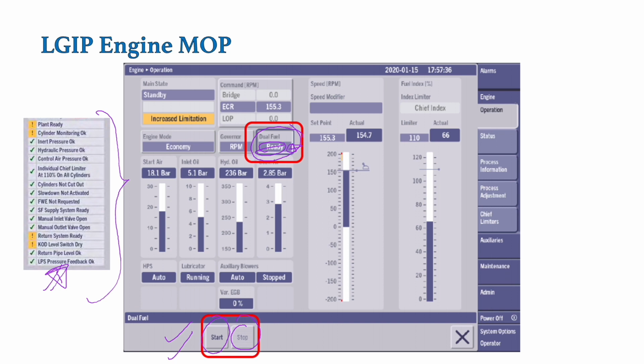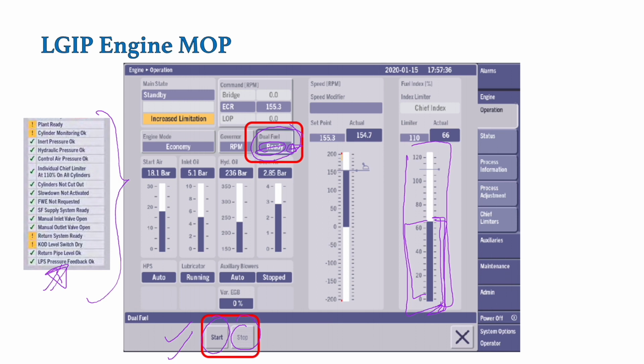Now the next thing which you will see on this screen is this fuel index. As you can see over here, this is showing the amount of fuel index which is for the primary fuel. When the engine is changed over from primary fuel to secondary fuel, this blue color will change gradually from blue color to gray color.